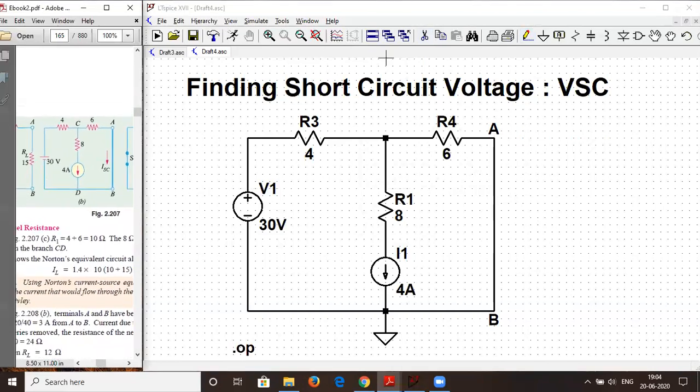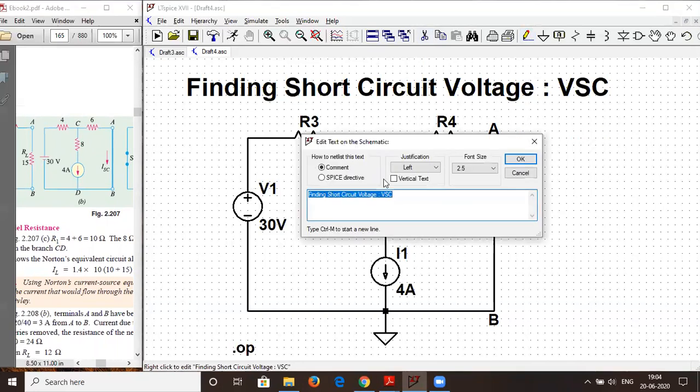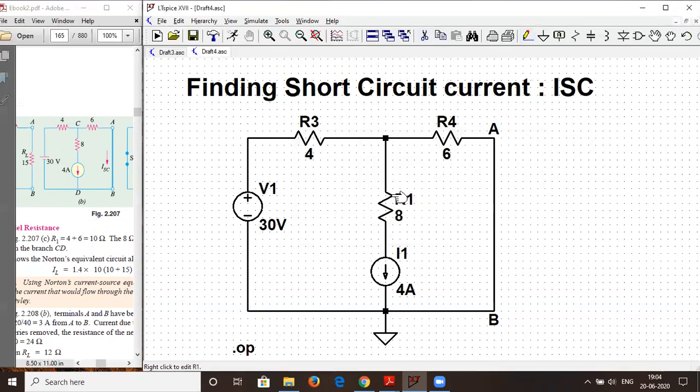So we need to find the short circuit current actually, ISC, not the voltage, because Norton's equivalent will be a current source. So sorry, short circuit current. We need to find IAB, the current flowing through the R4 resistor.